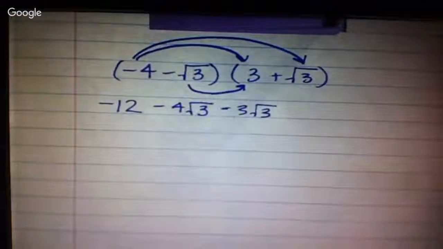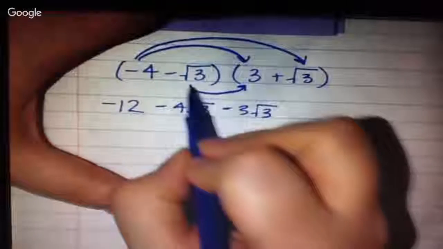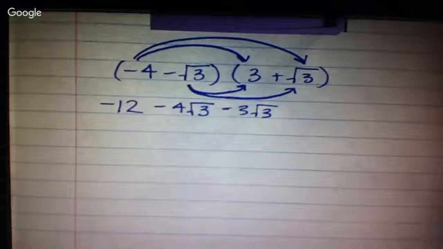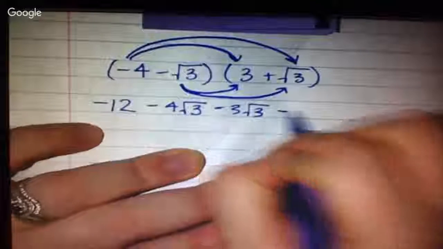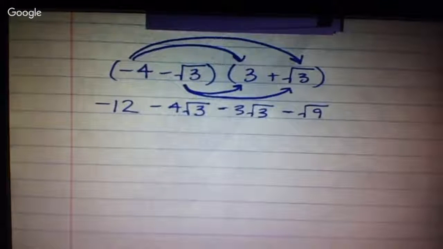Again, -1 times 3 gives you that -3, and you keep your square root of 3. The last thing I need to multiply is negative square root of 3 and positive square root of 3. Negative square root of 9. Because you've got -1 and +1. Keep your square root, and 3 times 3 gives us 9.